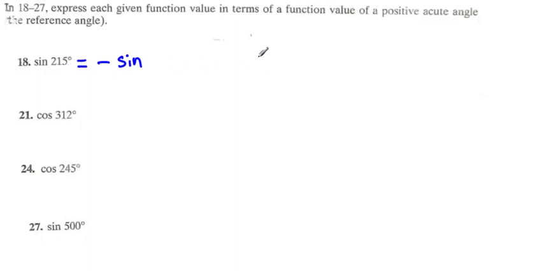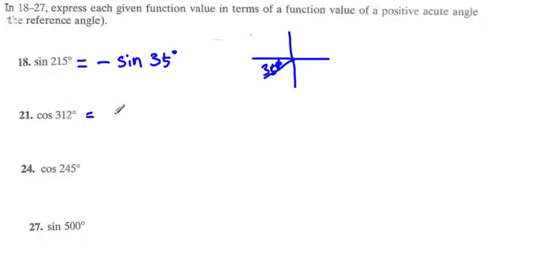Now, in the third quadrant, as we have done earlier, the reference angle is simply 215 minus 180. We end up getting 35 degrees. So we end up getting negative sine of 35 degrees. That becomes our answer.